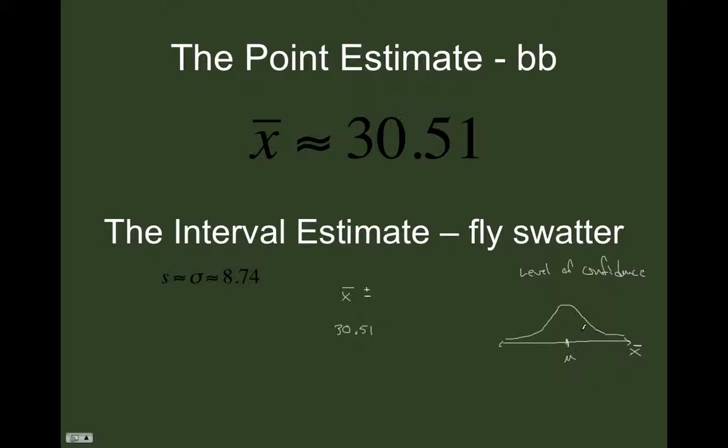Now, if I want 99, or say 95% confidence, then I want to create an interval that captures 95% of the possible x values. And if you remember, the empirical rule tells us if we go about 2 standard deviations on either side of mu, that's going to represent 95% of these population means.